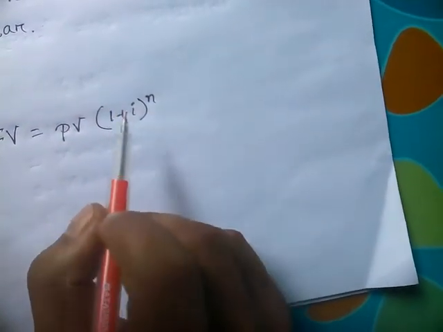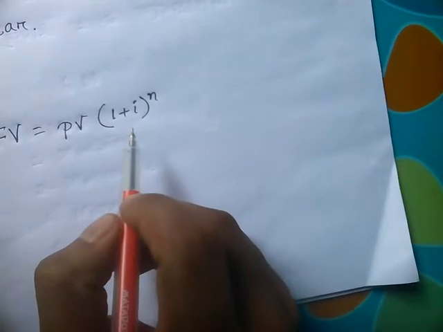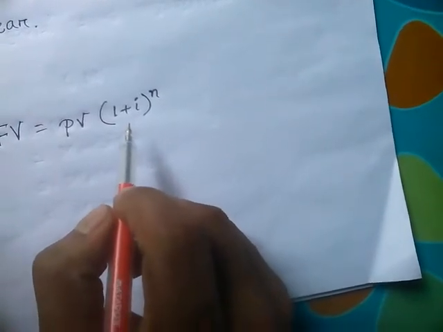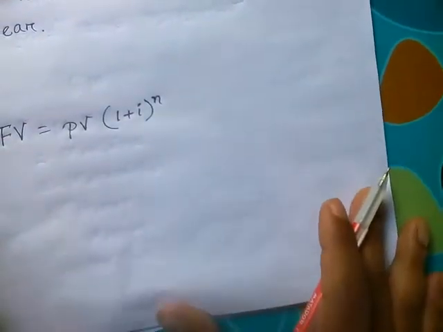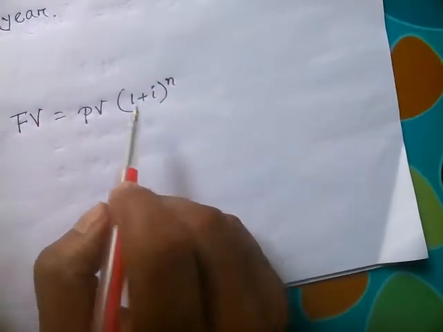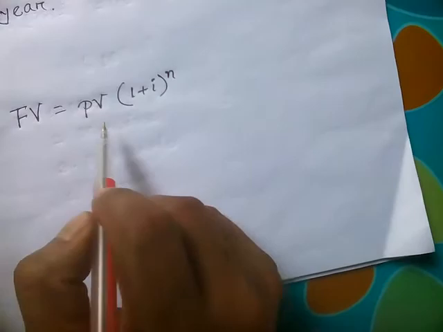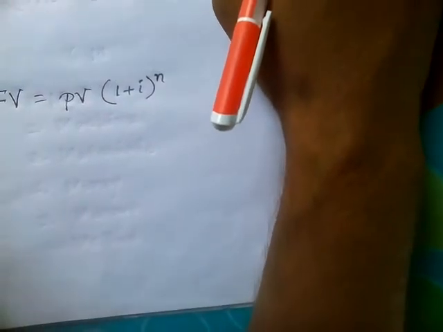So if you multiply or divide any number by 1, then you will get the same amount. That's why I have directly written here FV equals PV into 1 plus I to the power N.